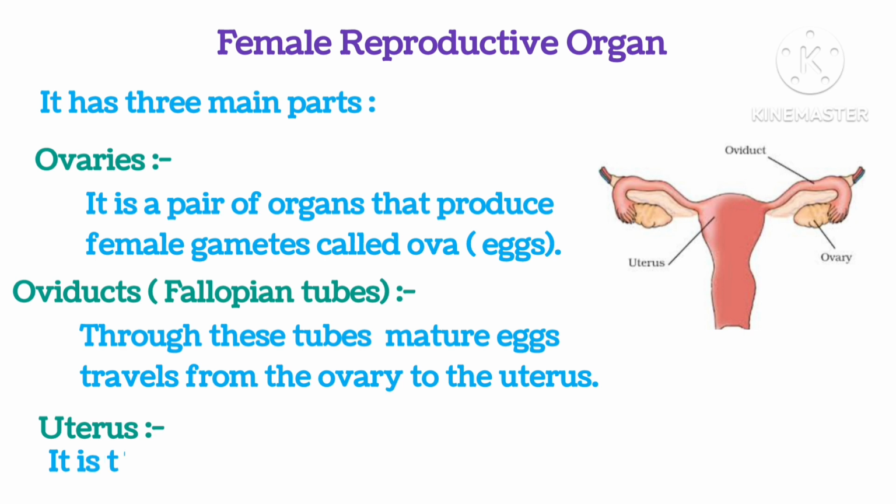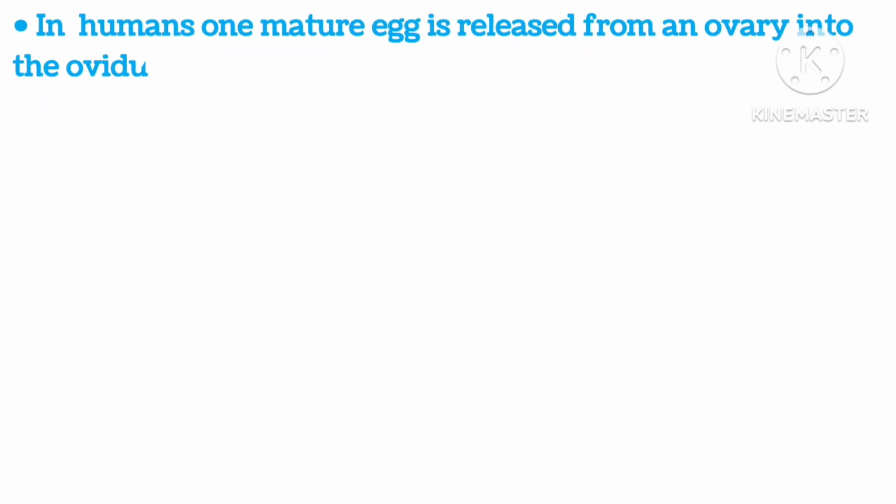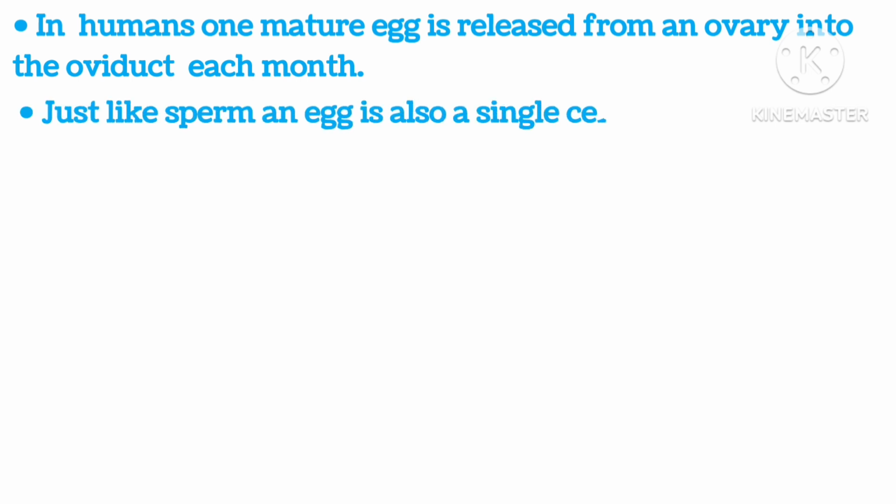Third, uterus. It is the organ where the baby develops during pregnancy. In humans, one mature egg is released from an ovary into the oviduct each month. Just like sperm, an egg is also a single cell.